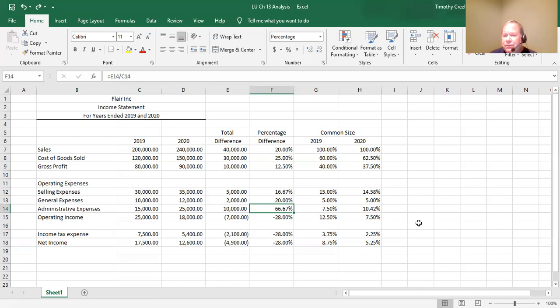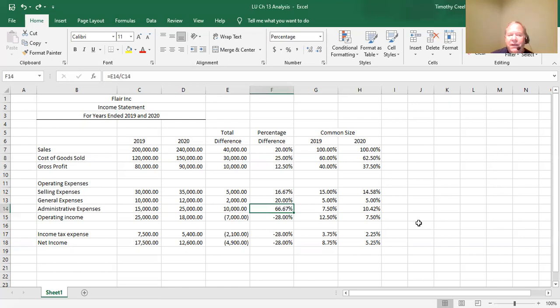And I would look at whether this is something that's going to continue, or something that was a one-time thing, or an error that we need to correct. This is the kind of real world examination of data that accountants do, but also managers do a lot of, or a small business owner would look at this.